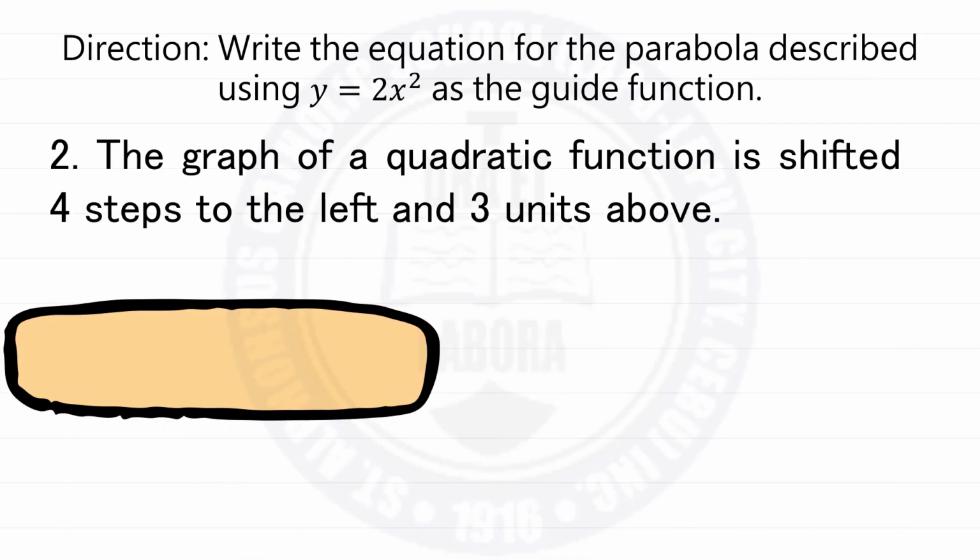Number 2. The graph of a quadratic function is shifted 4 steps to the left and 3 units above. The equation of the parabola is y equals 2 times quantity x plus 4 squared plus 3.